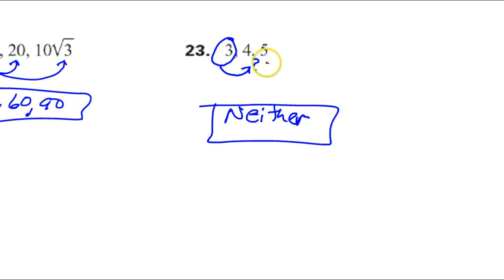There's no 6, so it breaks down immediately. This should be like a 6, and this should be 3 radical 3, because you double it to get your hypotenuse, and multiply by radical 3. So that was just completely wrong. So that's definitely neither.